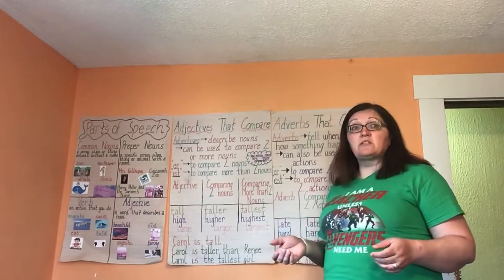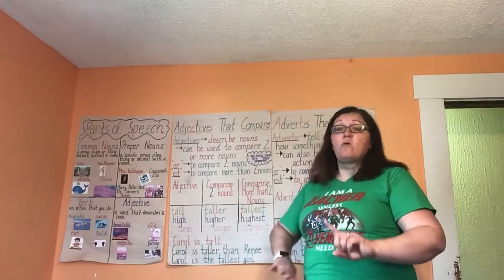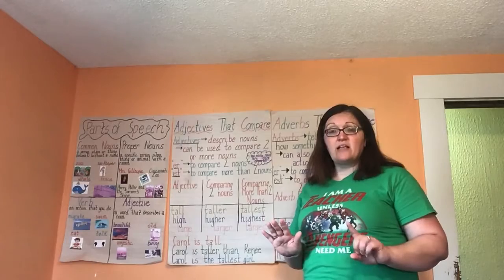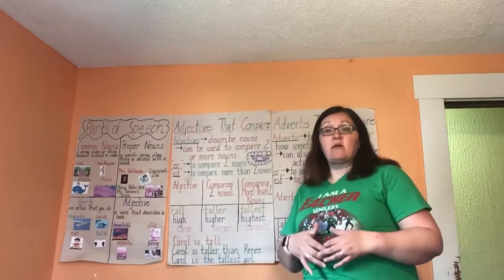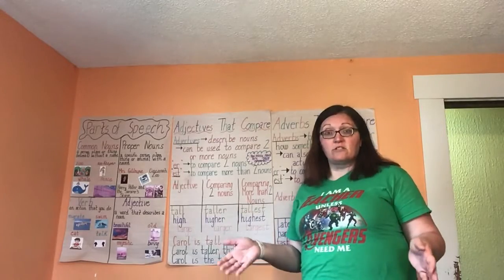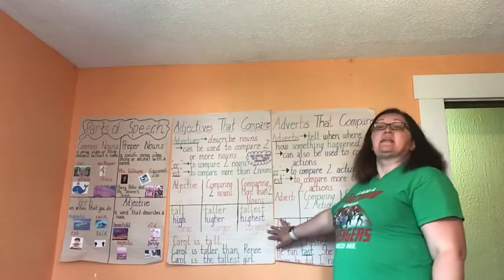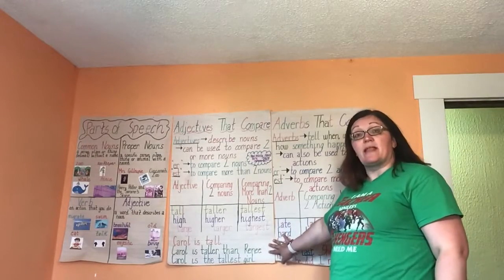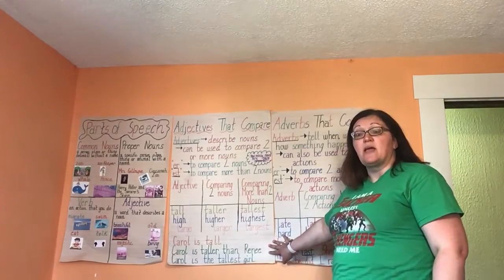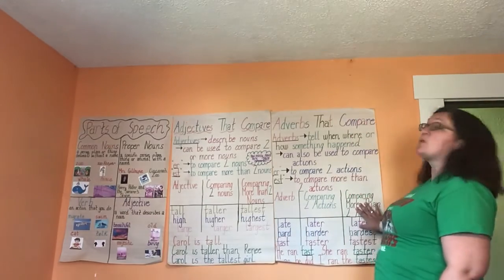If you remember, you can compare just two nouns, or you can compare one noun with everything else. So when I was in high school, they said I was the tallest girl. That means I was taller than all the other girls in my class. You did an activity on Google Classroom, or hopefully by now you've done it and turned that in.